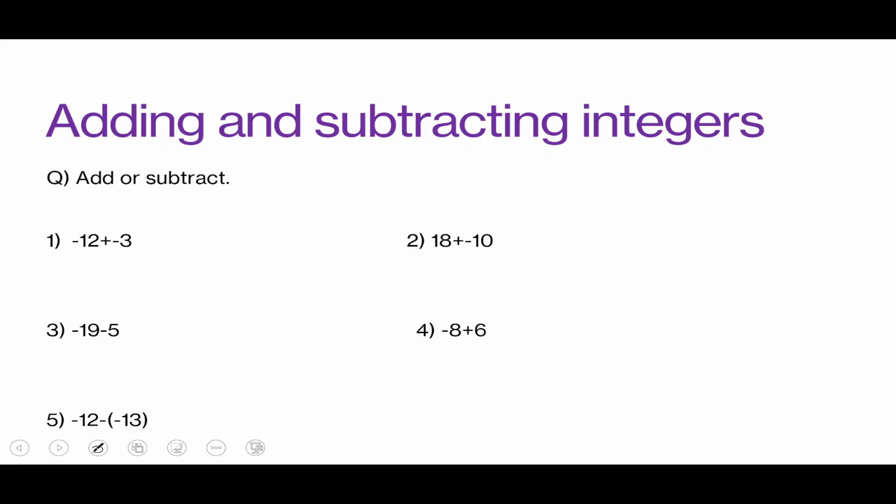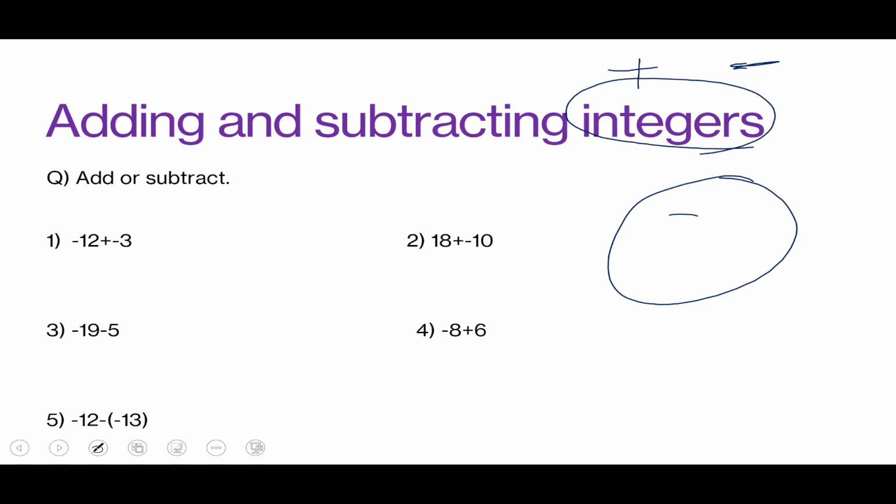Okay, the second one is about adding and subtracting integers. We know, as I explained, integers means positive and negative numbers. For adding and subtracting integers, it's not the same as multiplication. Do not draw the face. This is incorrect.